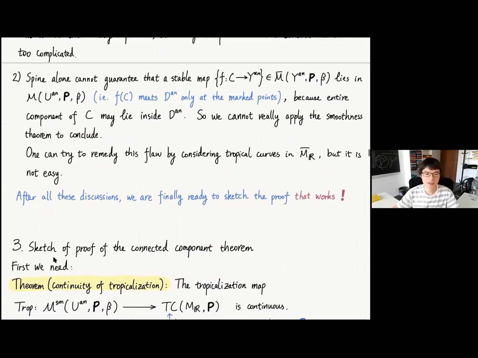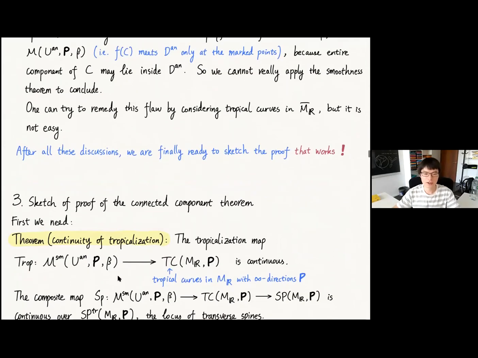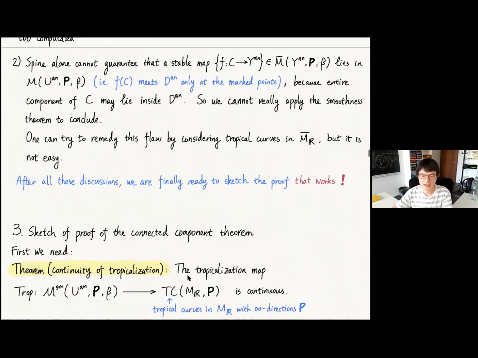First, we need the theorem of continuity of tropicalization. That is, the tropicalization map from the moduli space M smooth to the space of tropical curves with infinite directions P is a continuous map.